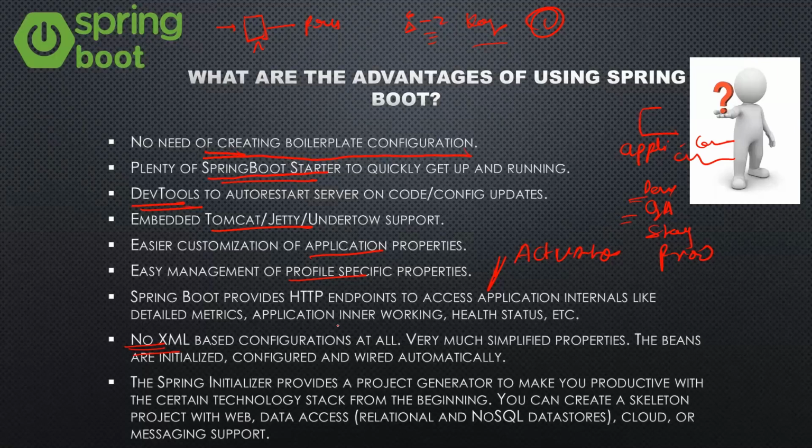There are basically three initializers. The web initializer is Spring Starter.io. There is the Spring Tool Suite. It also gives you the flexibility to choose what dependencies and starter projects you want. And there is also the CLI, a command line tool, through which you can issue commands.